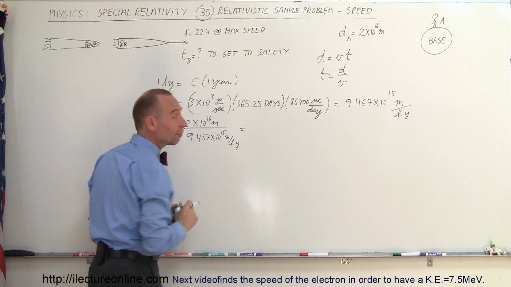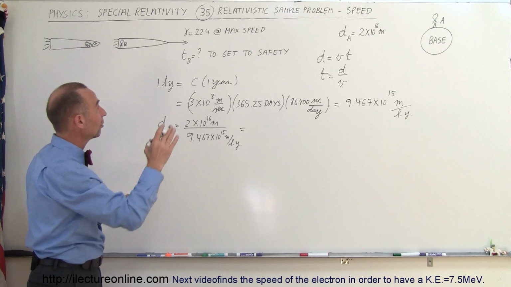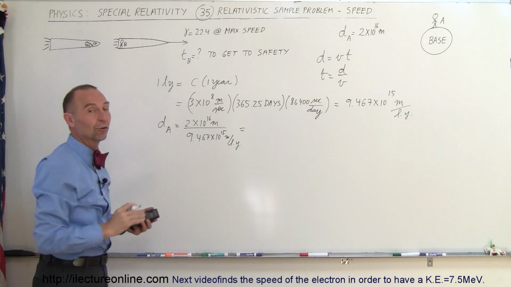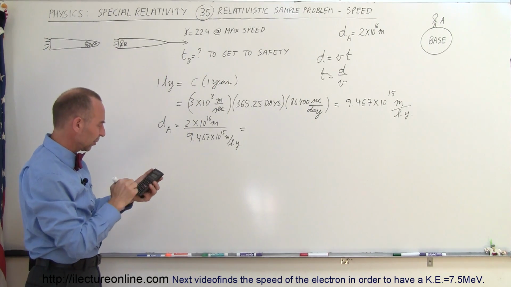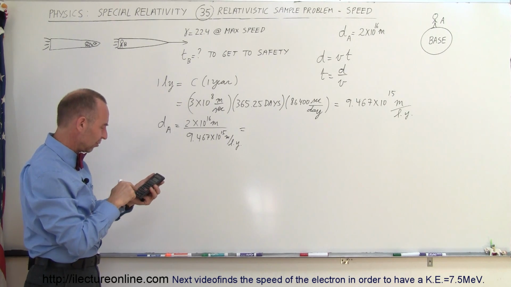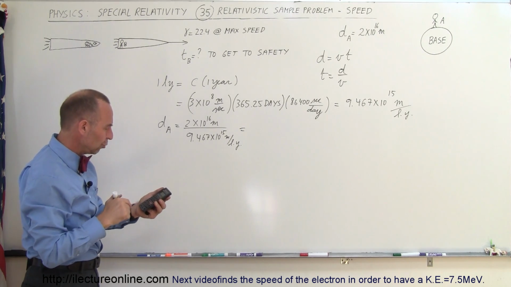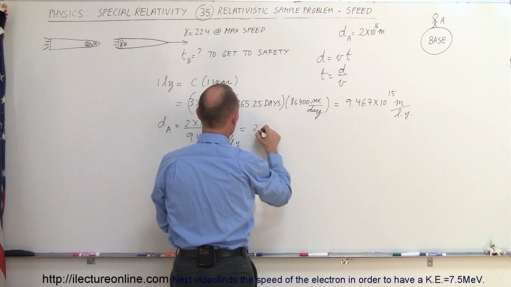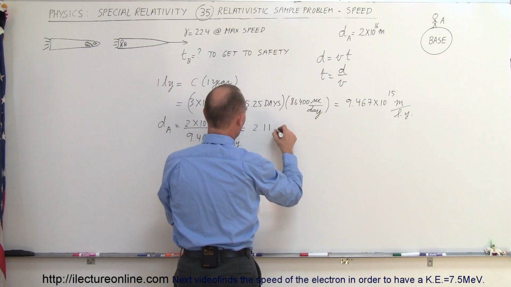That gives us the number of light years, the distance between you and the base as observed by the observer on the base. We take the inverse of that times 2, and we get 2.11, so this is equal to 2.11 light years.